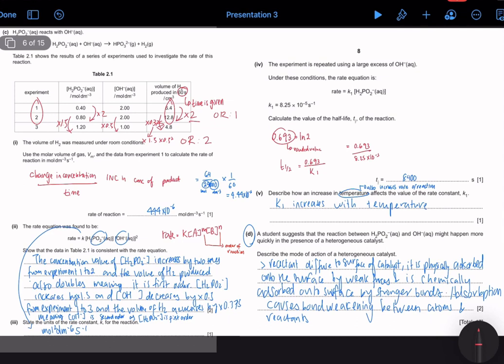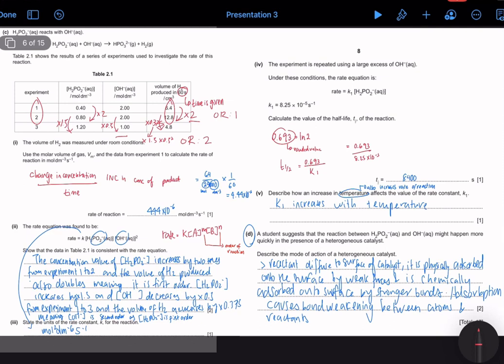And from experiment 2 to 3, your H2PO2 minus increases by 1.5, and your OH minus actually decreases by 0.5. So you would expect it to be 0.375 if one of them is second order, because the volume of H2 decreases by 0.375.